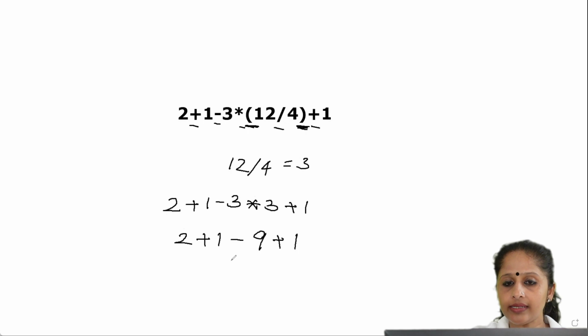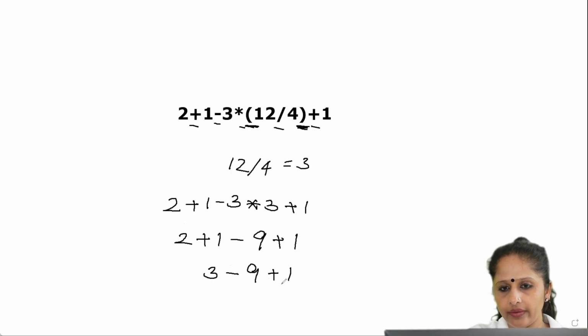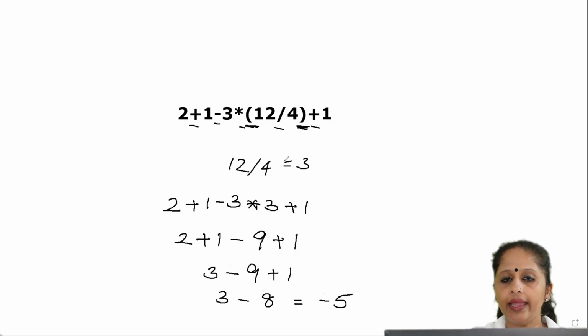Next we have addition and subtraction, so it does addition first: 2 plus 1 is 3, then minus 9 plus 1. Again, minus 9 plus 1 is executed, that is 3 minus 8. Then the subtraction gives the answer minus 5.